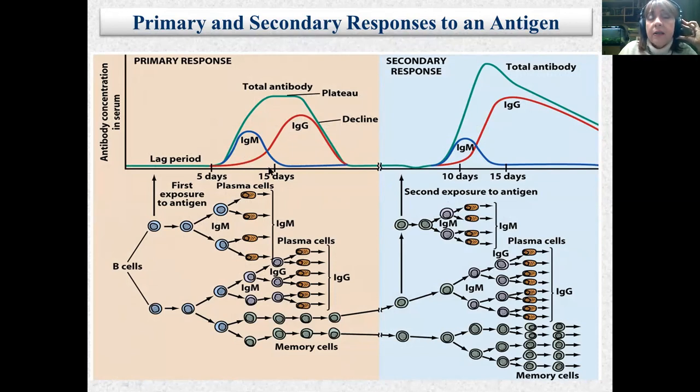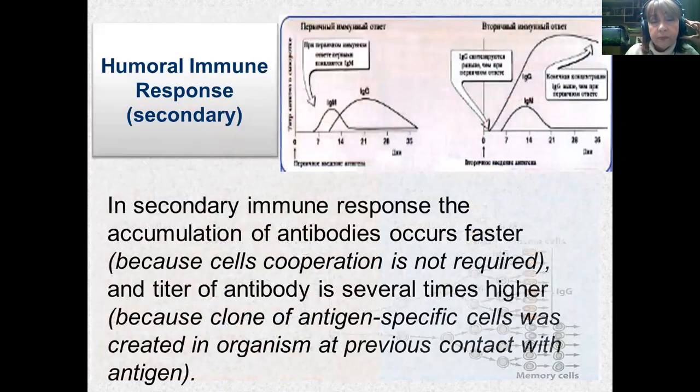And some days later, we can detect immunoglobulins G. In the secondary immune response, memory cells are activated directly by the antigen. They multiply, differentiate into plasma cells, and the production of antibodies is faster and in higher titer than in the primary immune response.